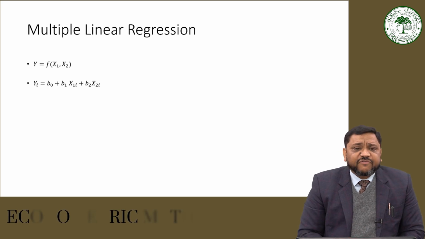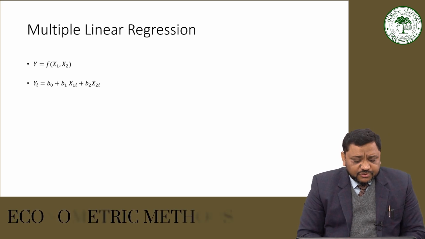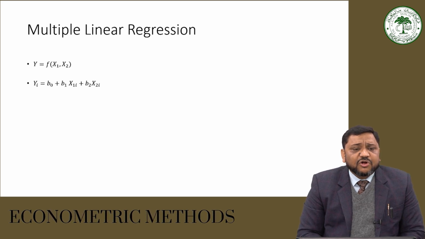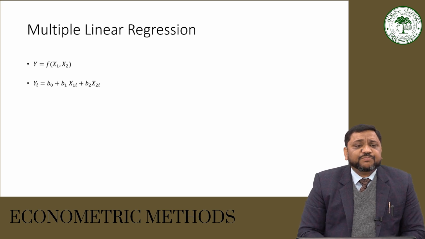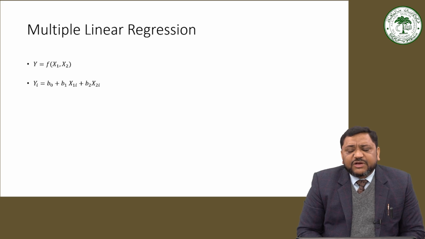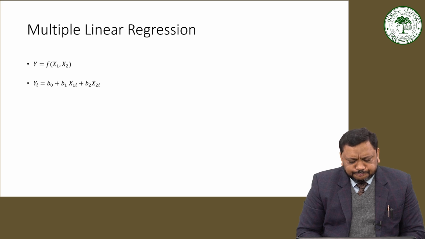Mathematically, we say y is a function of x1 and x2, and then we can say that yi is equal to b0 plus b1 x1i plus b2 x2i. Here we extend the simple linear regression model to study the relationship of two explanatory variables.